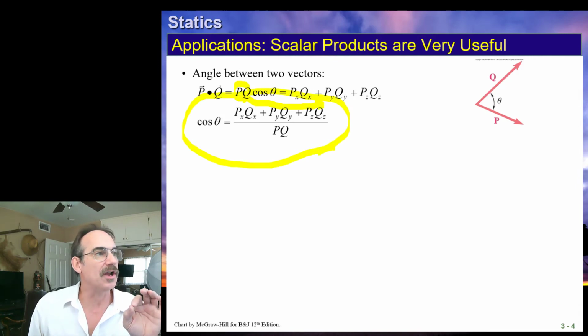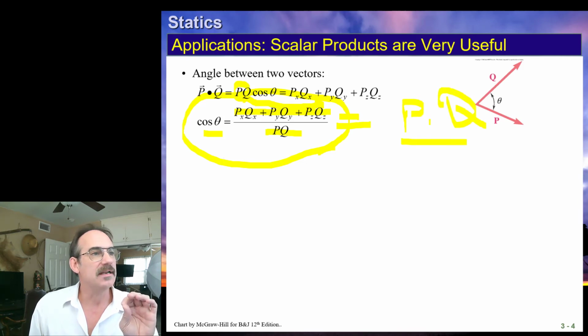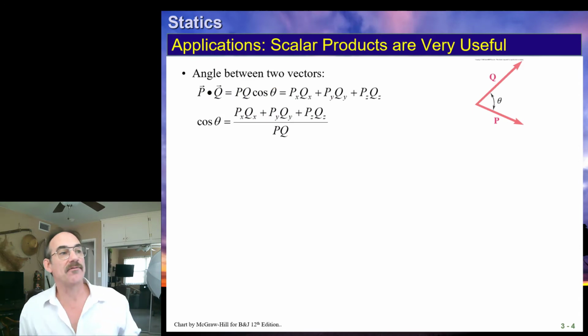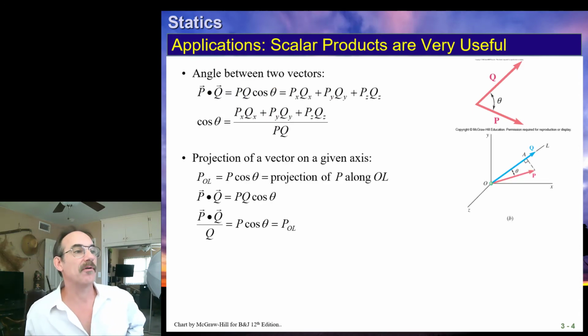We find out that the cosine of the angle between the vectors is just this divided by that. This is the dot product, P dot Q, divided by the magnitude of P and Q. See that? This is a very powerful observation that we can use for a number of things.